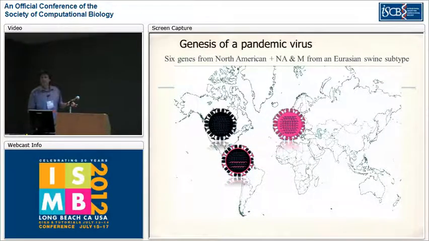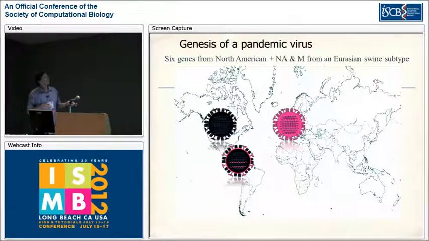The influenza genome includes 8 genes. The new pandemic strain was based on a mixture of two strains.